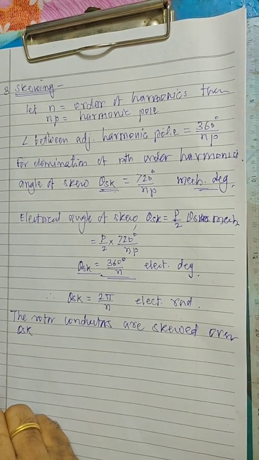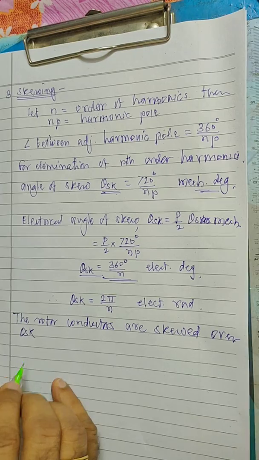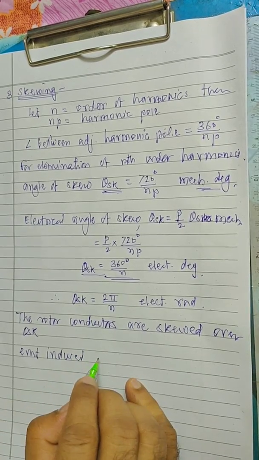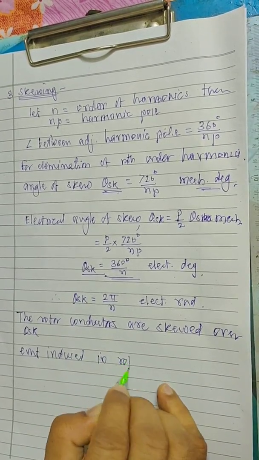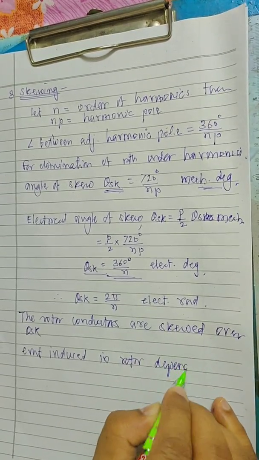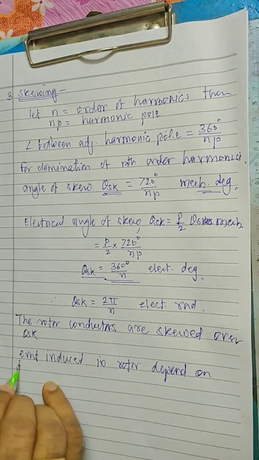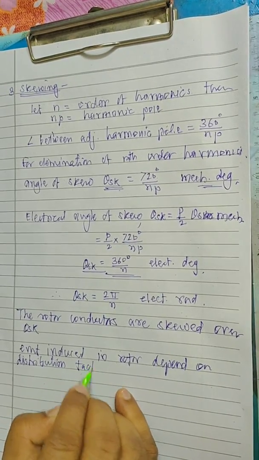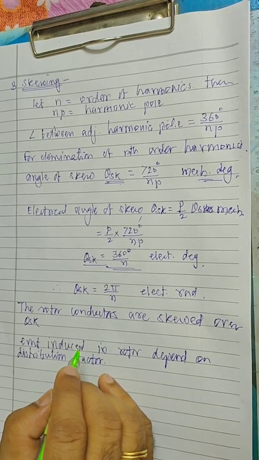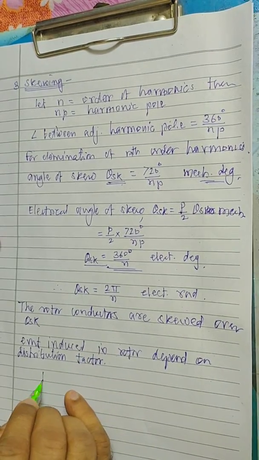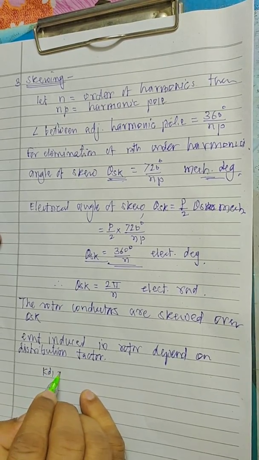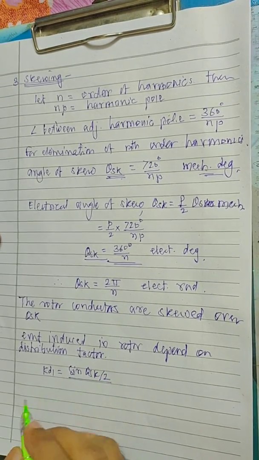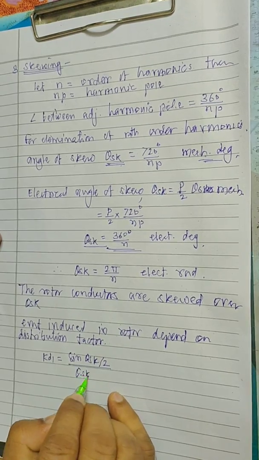The winding factor of the rotor is kWr, and the distribution factor is kd1, sine of theta sk upon 2 upon theta sk upon 2.